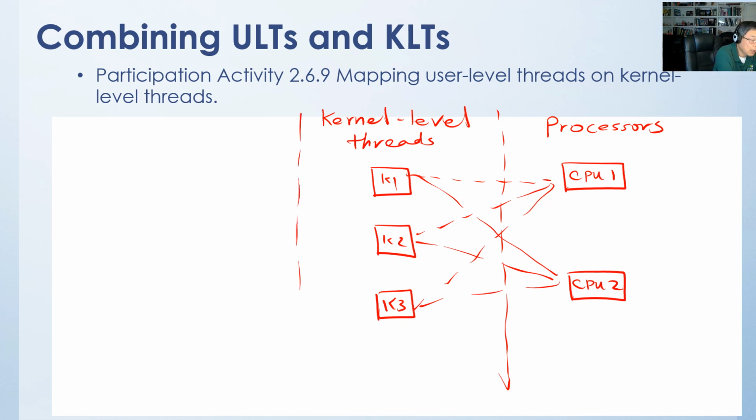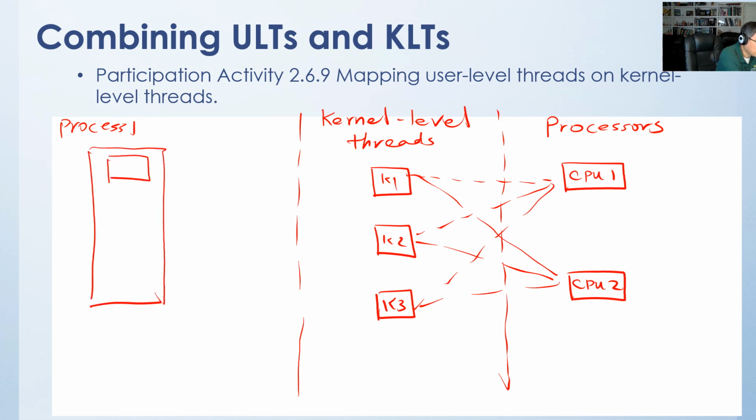Now, at the user level, let's say a process 1 is created, and this process has four user level threads, which I call U1, U2, U3, U4, running back and forth.